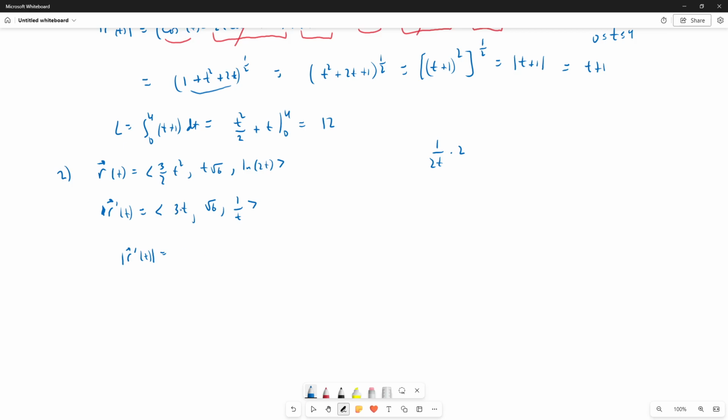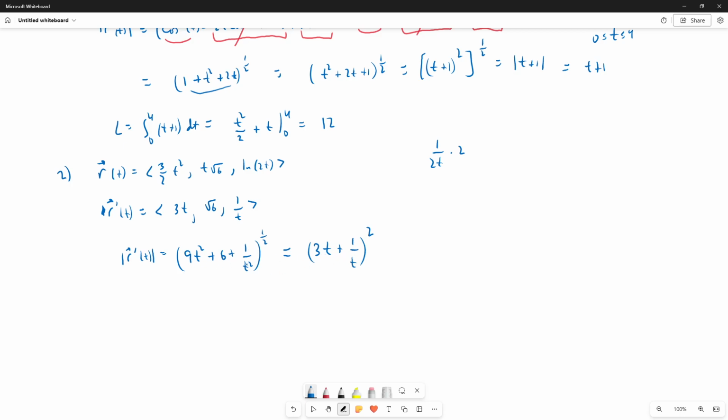And then the magnitude of r prime of t is, we have to square each component. We'll get 9t squared, 6, and 1 over t squared. And then we have to take the square root. And this is also a perfect square. It's 3t plus 1 over t, squared. Let's double check that. If we square 3t, we get 9t squared.